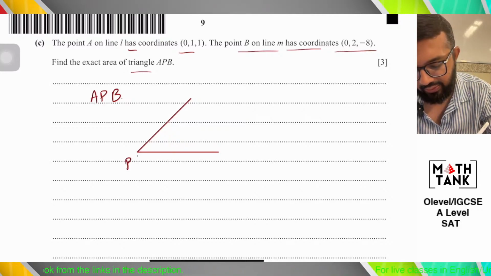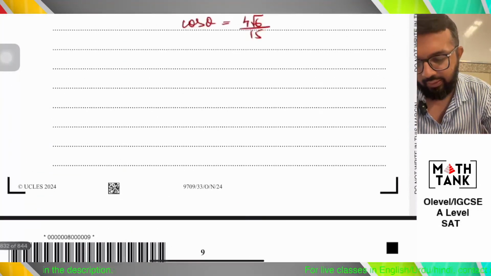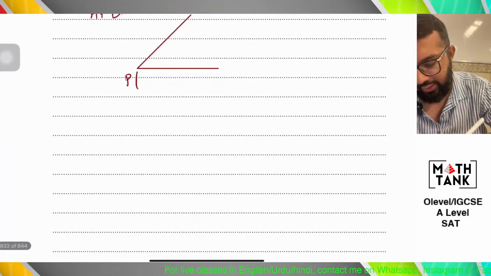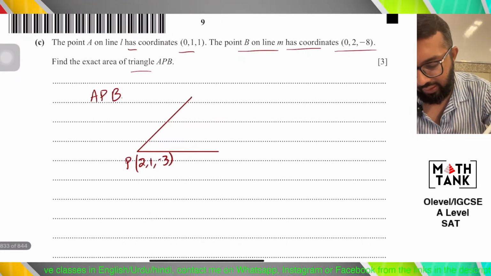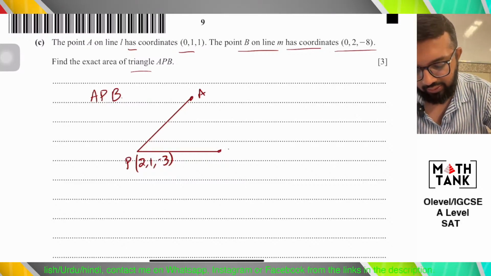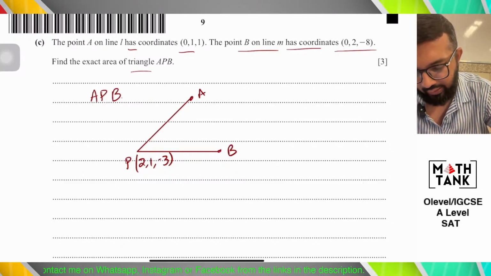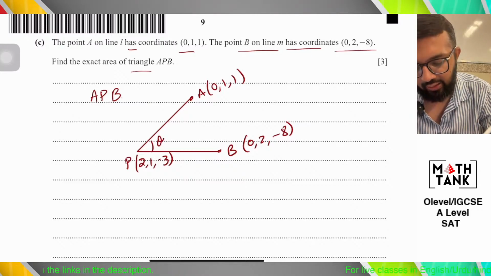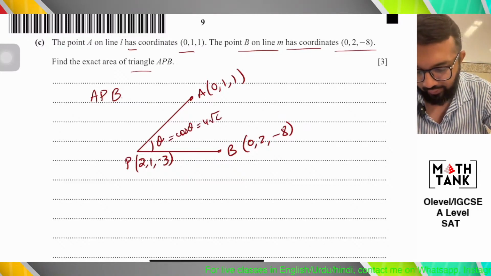P has the coordinates 2, 1, and minus 3. And A is somewhere here, and B is somewhere here. A has the coordinates 0, 1, 1, and B has the coordinates 0, 2, and minus 8. I have this angle whose cosine I know. Cosine is 4 root 6 over 15.